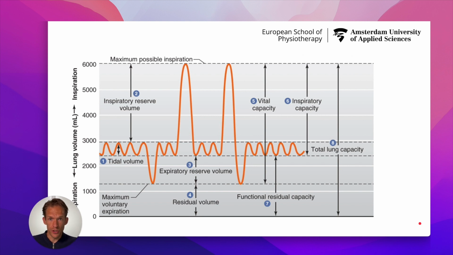Those numbers are essential for you to easily diagnose whether a number is normal or abnormal, or maybe a measurement is slightly off. So for spirometry, tidal volume, inspiratory reserve volume, etc., should be known to you. In the book of Vander, you can clearly find the explanations and also the normal values. So please study them so that you know your numbers and you can work with them later on.